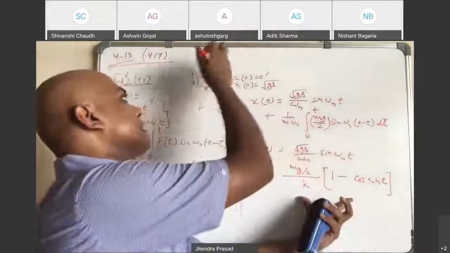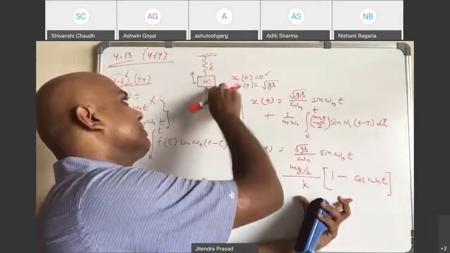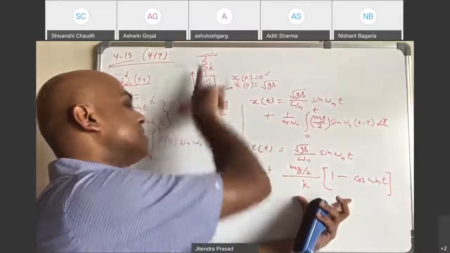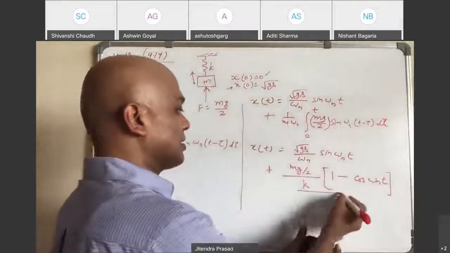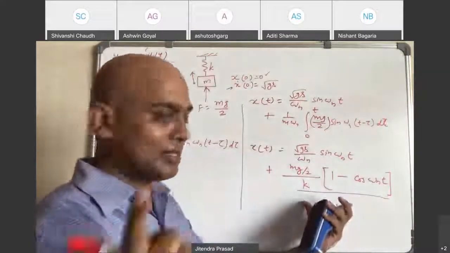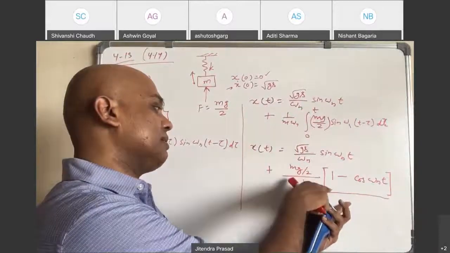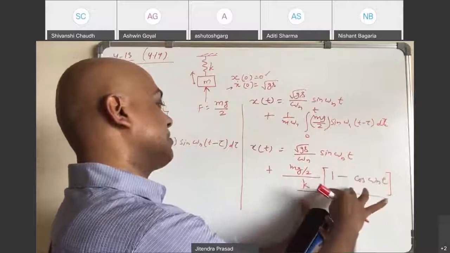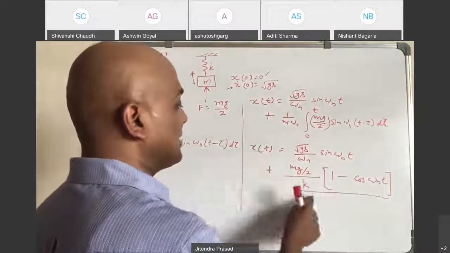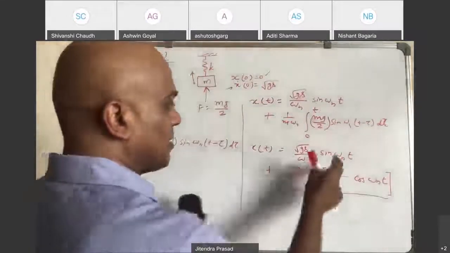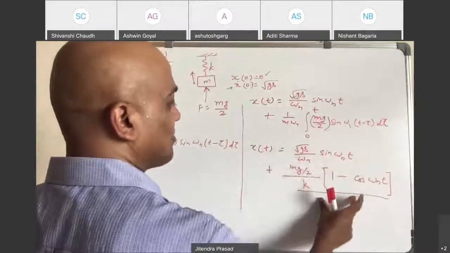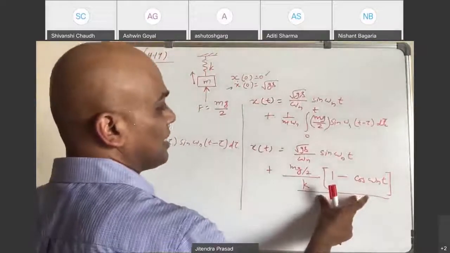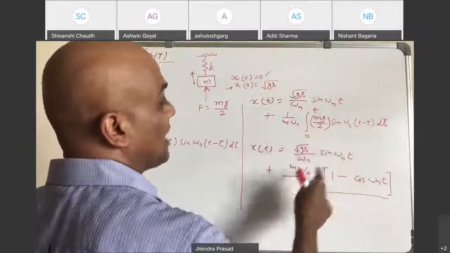If you have a single spring mass system and apply a step input, you get this solution. This we have done in the class: f naught over k multiplied by 1 minus cos omega n t. So if you add this, this comes from the initial condition and this comes from the step input condition, so both will be added.